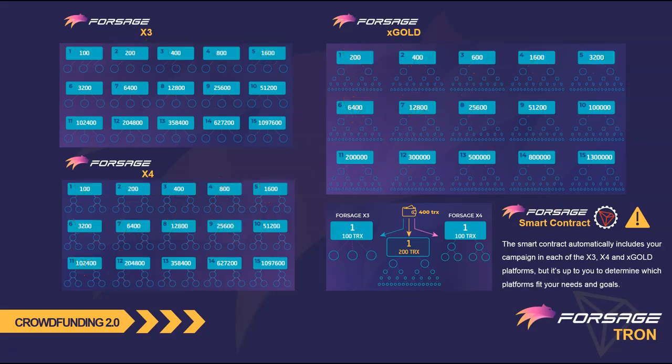Now let's drill down to more of the specifics of how this technically works and clear up all the confusion encircling the structure of the Forsage platform. We're going to take a look at slot 1 in the X3 program, but everything you are about to learn applies to all the slots in all 3 programs.